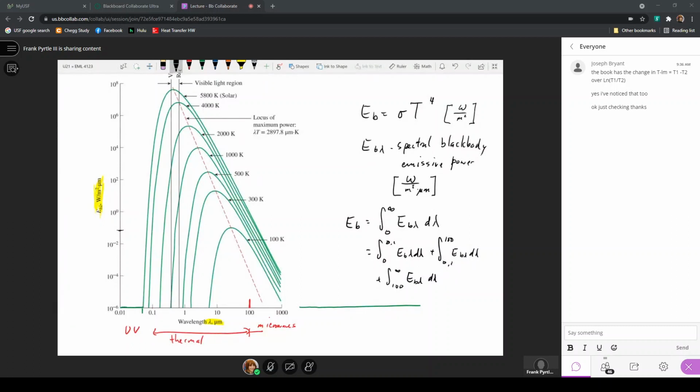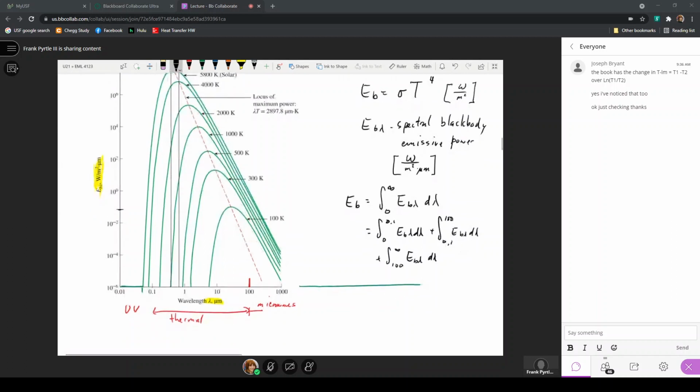So here for 100 Kelvin, the peak value is probably around 30 or 40 microns. So that peak value occurs here. At 300 Kelvin, the peak is about here, shifting to the left.